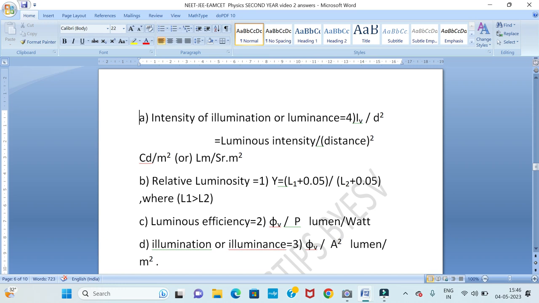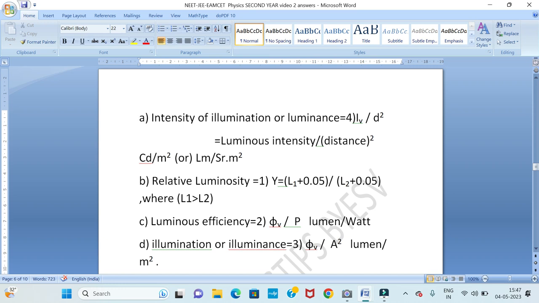Next, relative intensity, relative luminosity. The keyword used by letter is Y. Y is equal to L1 plus 0.05 by L2 plus 0.05.